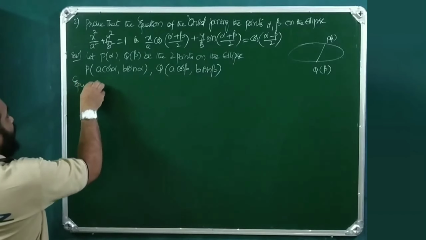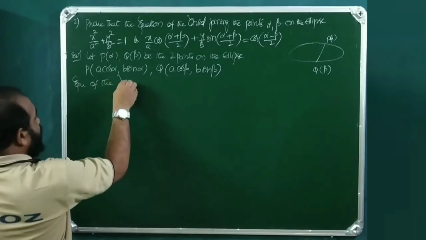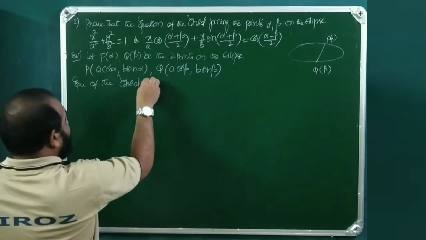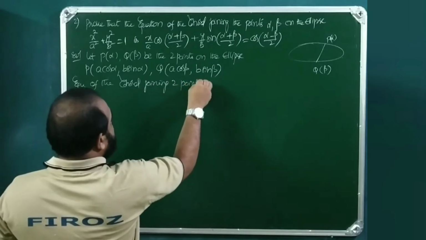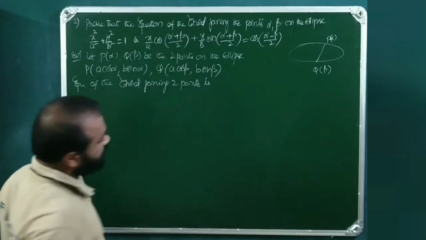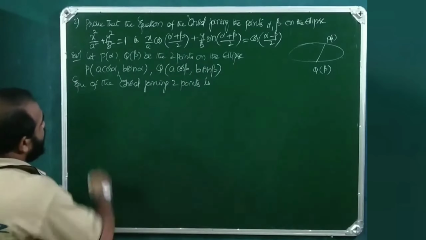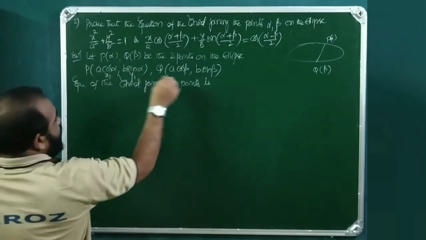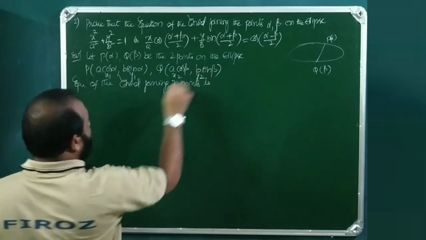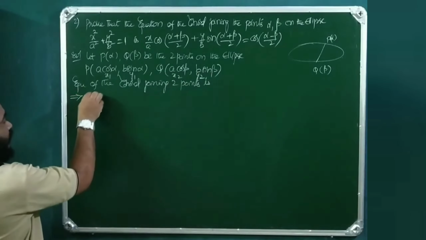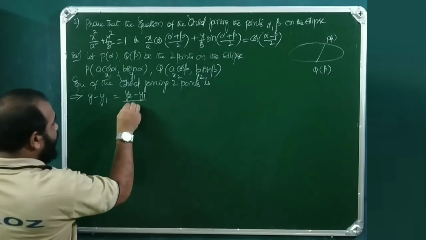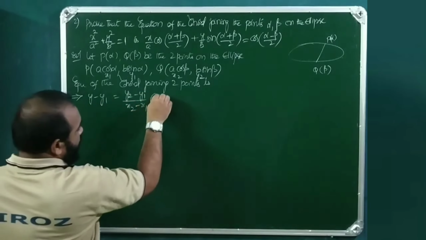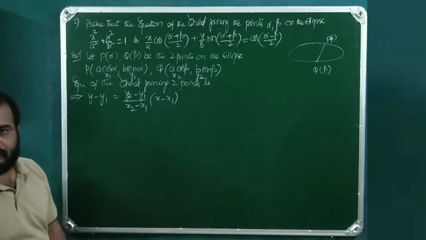Equation of the chord joining 2 points is, so this is x1 y1 and this is x2 y2. 2 points form: y minus y1 is equal to (y2 minus y1) by (x2 minus x1) into (x minus x1).